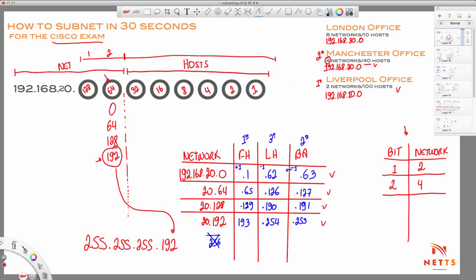Now let me tell another secret in here. Because our last bit is a 64, we saw our network increase 64 by 64. Check the first host, 64 by 64. Check the last host, which is the same, and check the broadcast address. It increases by 64 and 64. What does that mean?